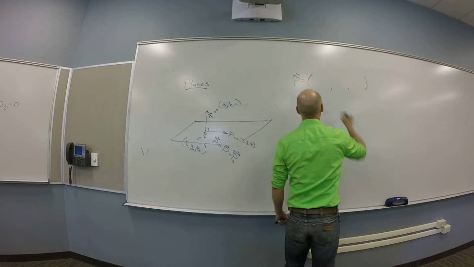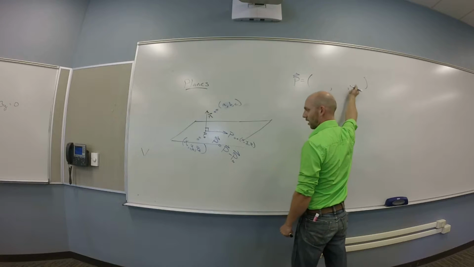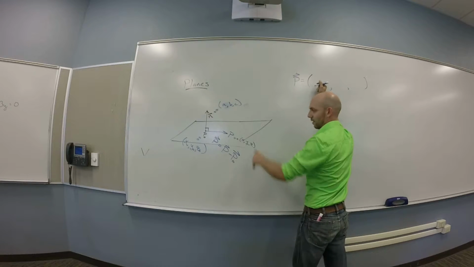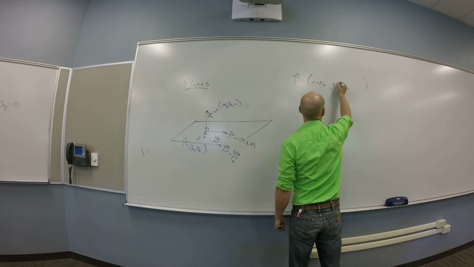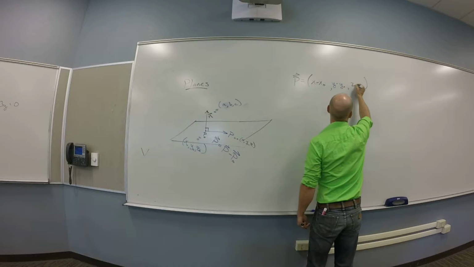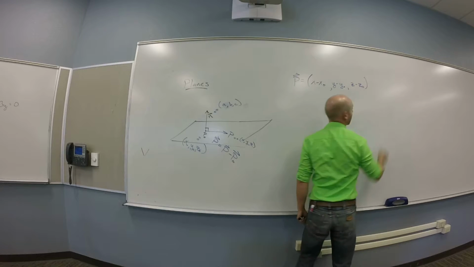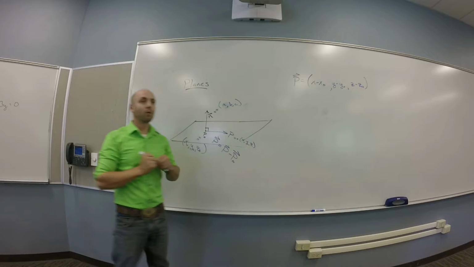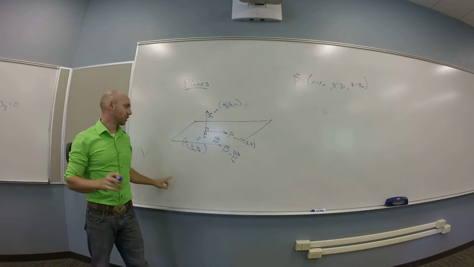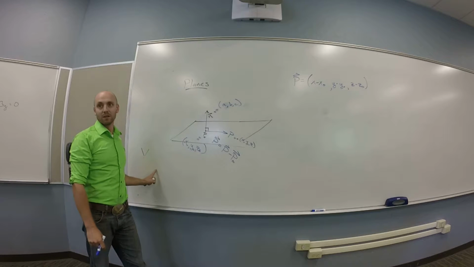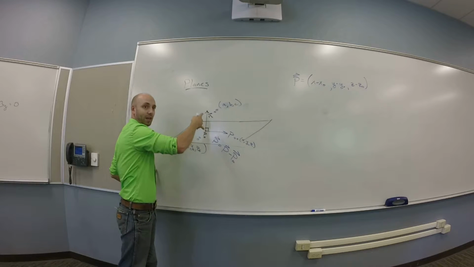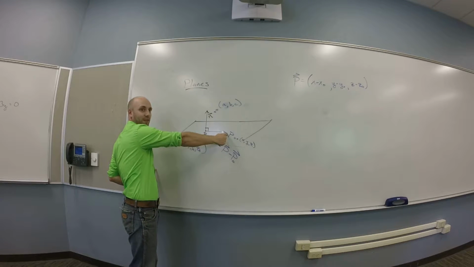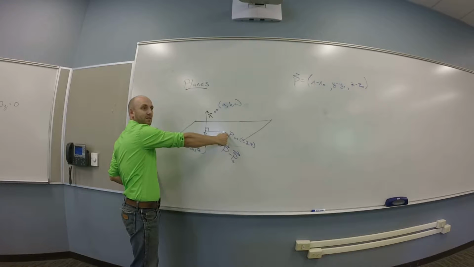They're X minus X naught, Y minus Y naught, and Z minus Z naught, because I don't know where the origin in this picture is. The origin could be over here, and I want this vector to actually live in that plane. I don't want it to just point at this thing. You guys all with me on that?